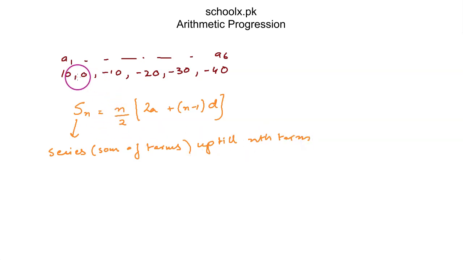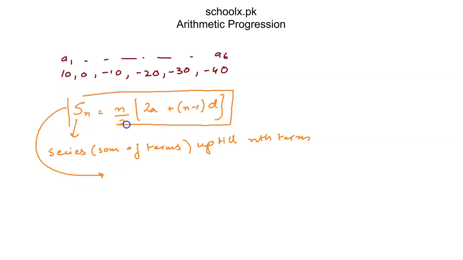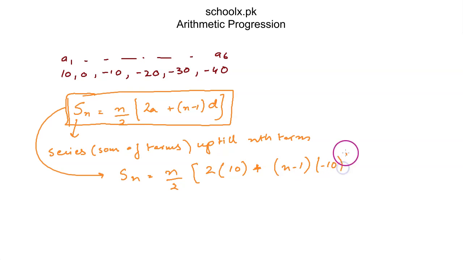So if I want to reduce the formula of the series of this sequence, I'll get Sn equals n by 2, 2 times 10, where 10 is the first term a, plus n minus 1 times negative 10, which is our common difference.